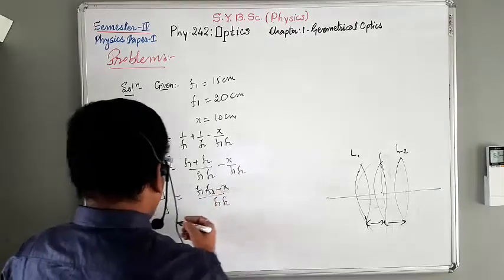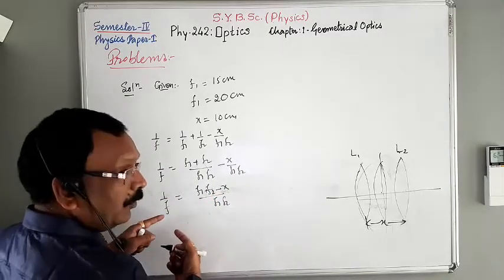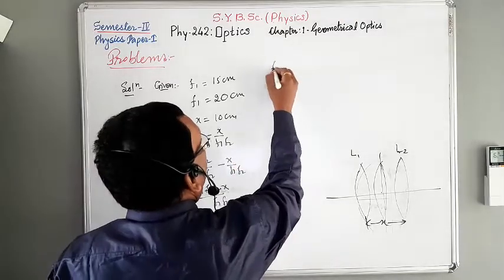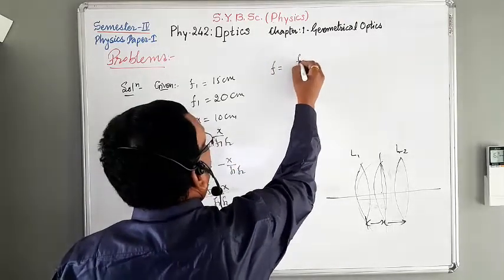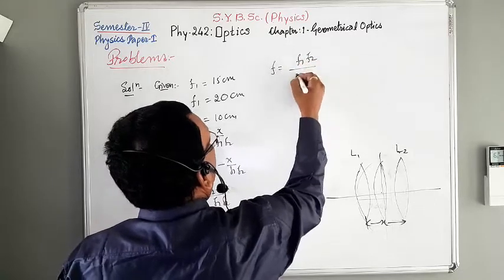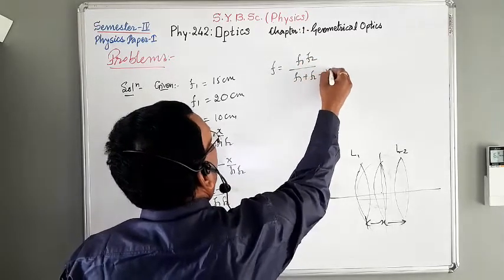Inverting, f is equal to f1 f2 upon (f1 plus f2 minus x).